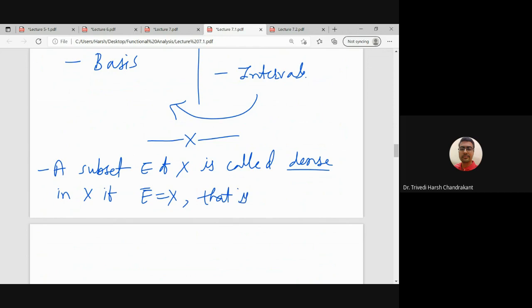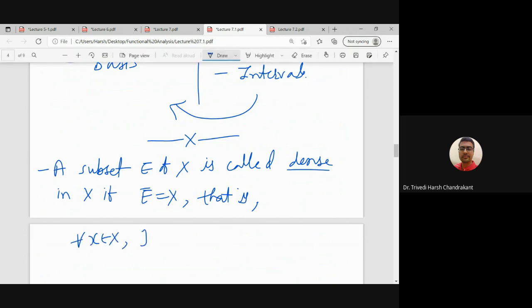Now we know the definition of closure. We define closure in terms of sequences. So that means for every x in X, there exists a sequence xn in E such that xn converges to x.